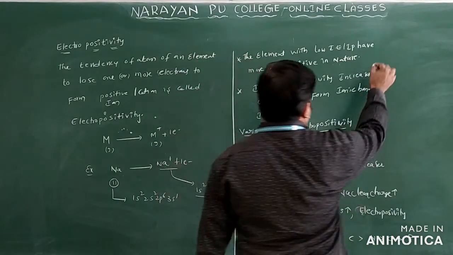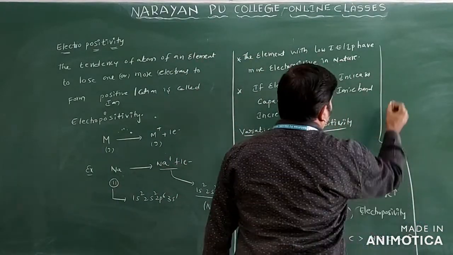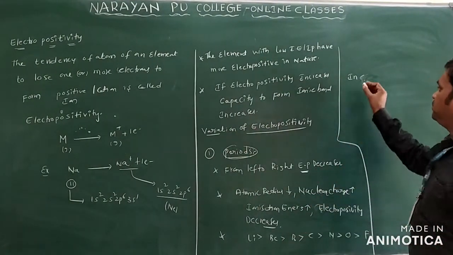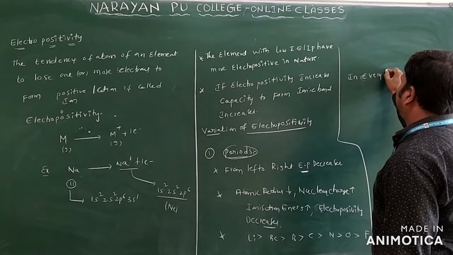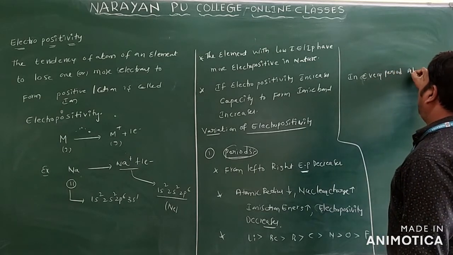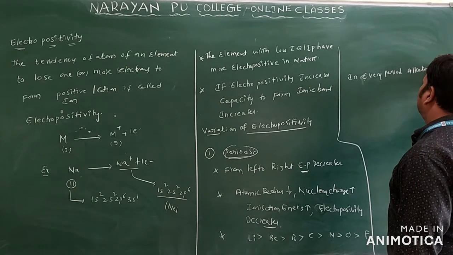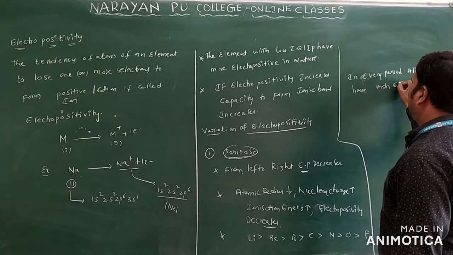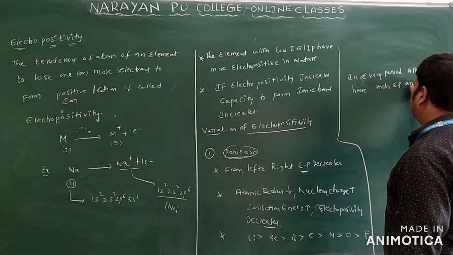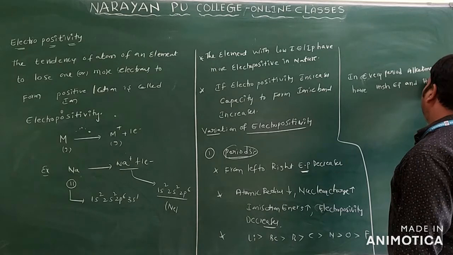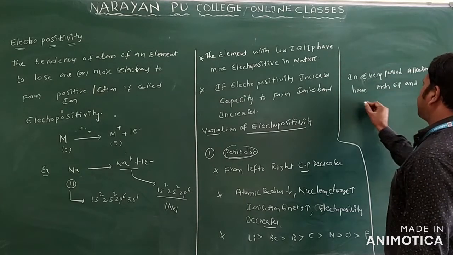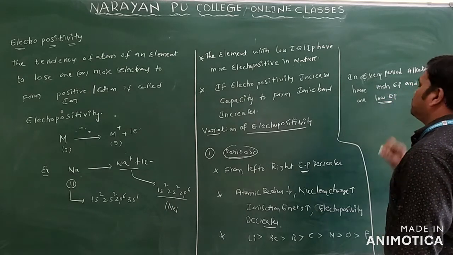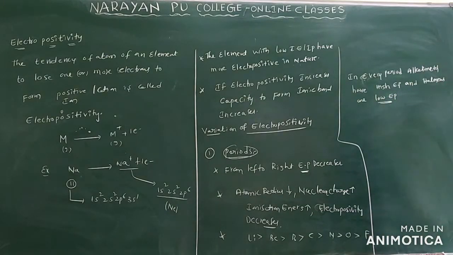So we will write one point here: in every period, alkali metals have high electropositivity and halogens are low electropositive. This is the main point regarding periods.